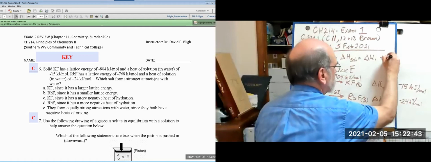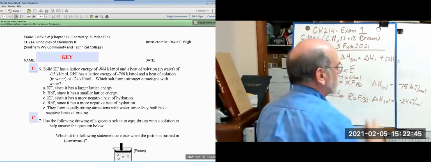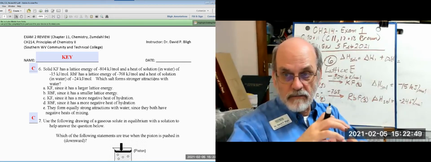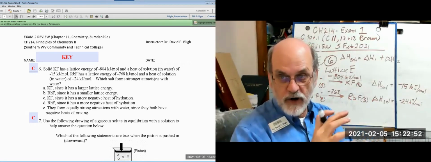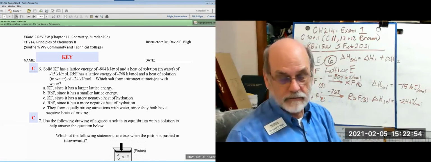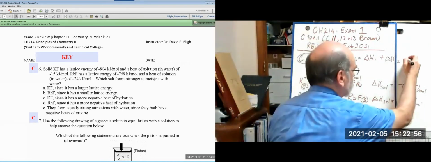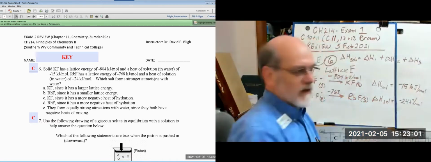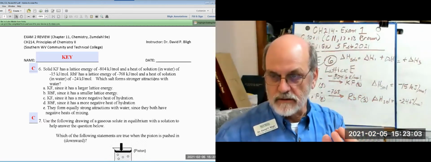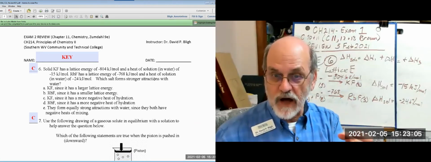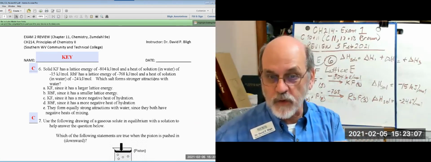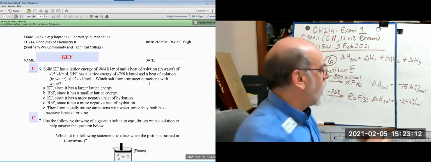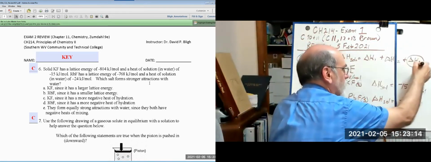The second part, delta H2, is where you separate the solvent molecules to make room. You break up their energy holding them together. And then the third one is the attraction of the solute and solvent molecules to one another. That's what we're getting at here. Which has the stronger attraction for water? That's the one we want right there.